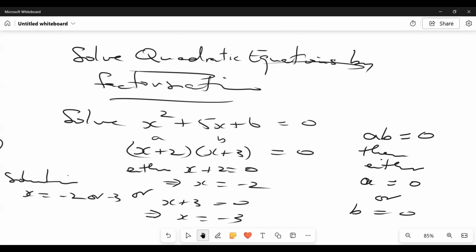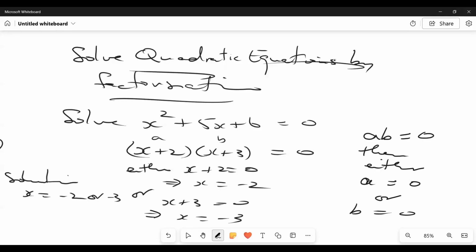Very, very simple. Once you get it factorized, you put each bracket in turn equal to 0. So you see, x plus 2, I take this bracket, put it equal to 0. If x plus 2 equals 0, I take the 2 over there, and you get x equals minus 2. Or you take the other bracket, x plus 3, and put it equal to 0.